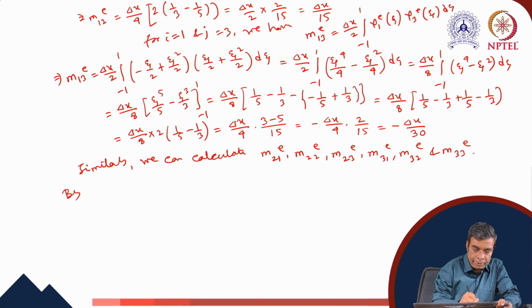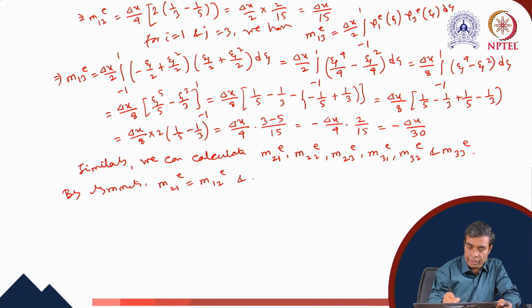By symmetry, we already know that M21E equals M12E and M31E equals M13E. We summarize our result here for the 3-noded bar element.